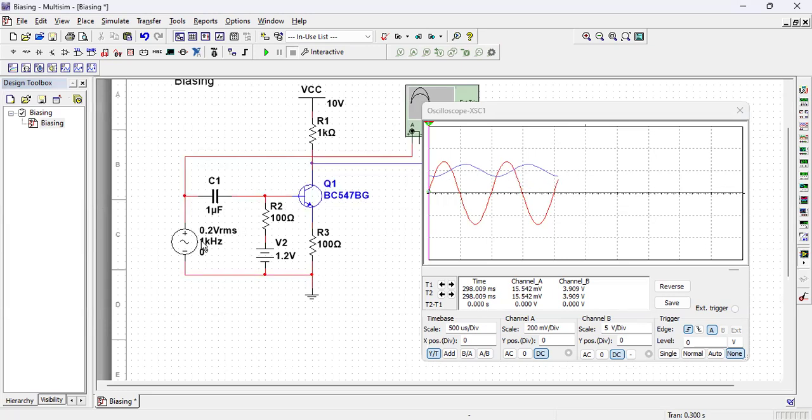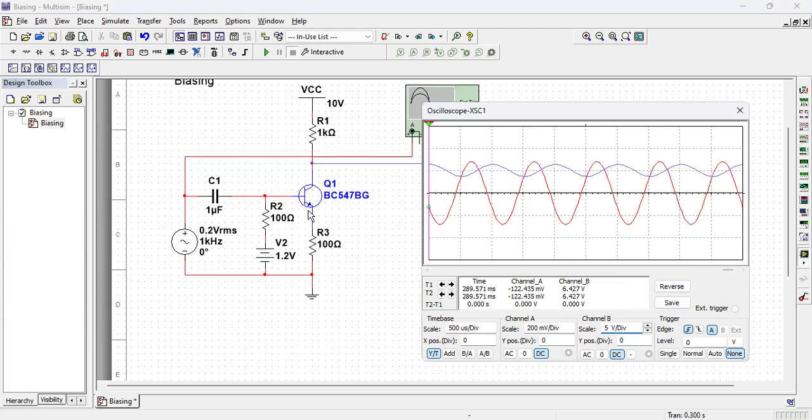And when the signal comes in the positive half, the transistor conducts and current becomes more than 5 milliampere. If current becomes more than 5 milliampere, then the potential of this collector drops further.